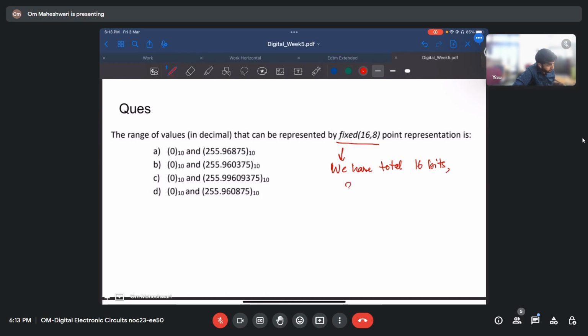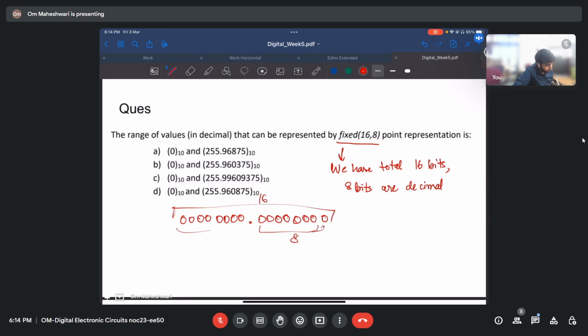Out of those, 8 bits are before the point and 8 bits are after the point. So these are a total of 16 bits.